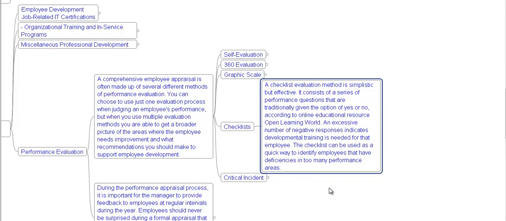It consists of a series of performance questions that are traditionally given the option of yes or no. An excessive number of negative responses indicates developmental training is needed for that employee. The checklist can be used as a quick way to identify employees that have deficiencies in too many performance areas.